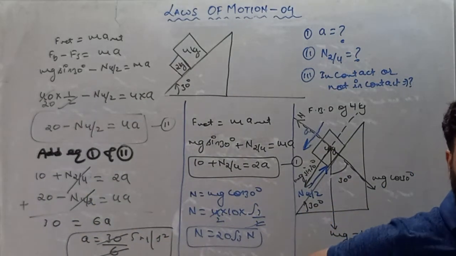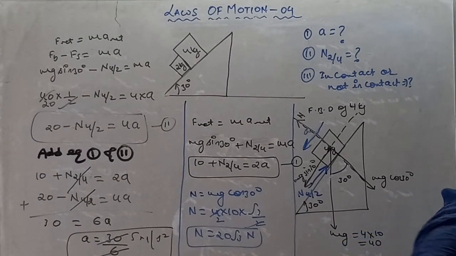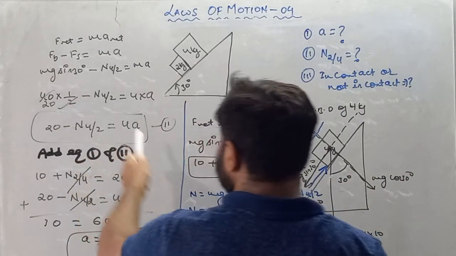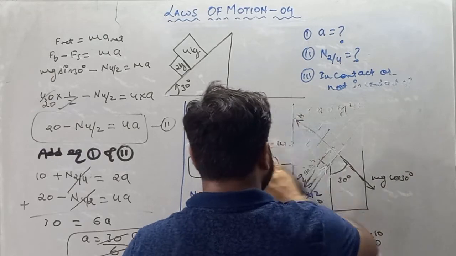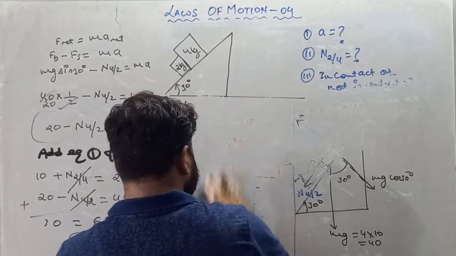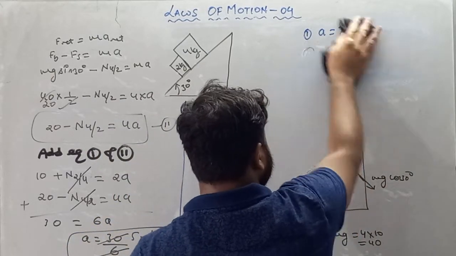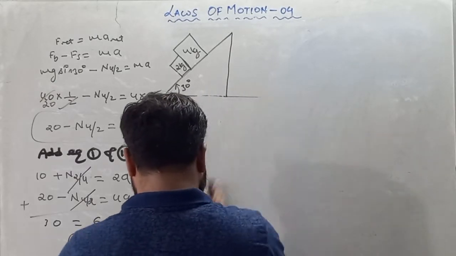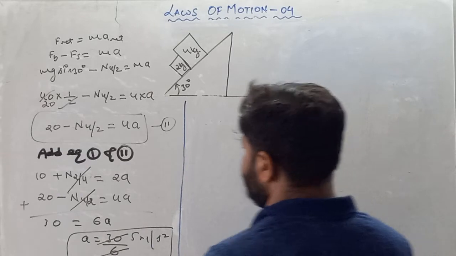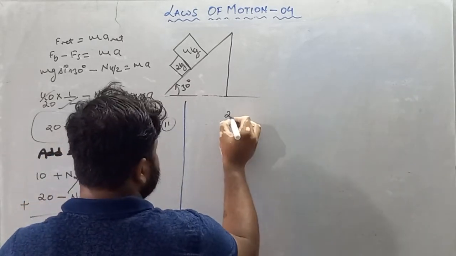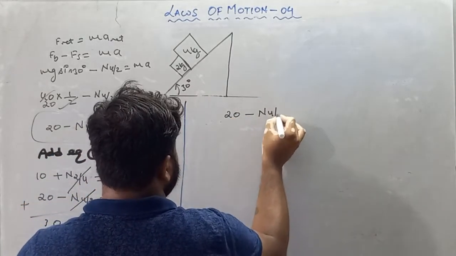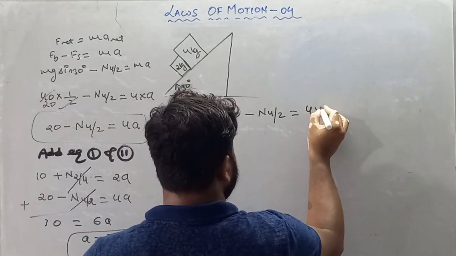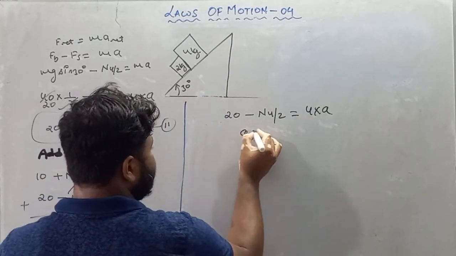Now put the value of acceleration in any one of the two equations. Let us check. It is 20 minus normal on 4 due to 2 is equal to 4 into a, and we know that a is 5.